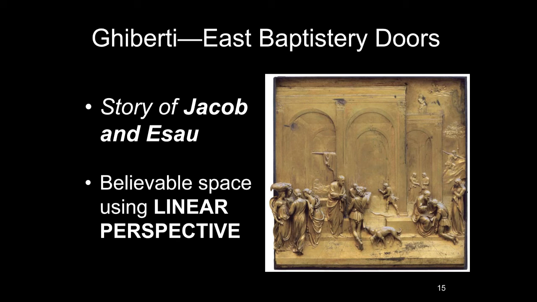Now, by the birthright, we mean his inheritance. Because Esau is the older son under primogeniture, the oldest son inherits everything. Jacob's obviously upset about this, and so he tells Esau that he will give him a plate of soup if Esau gives him his birthright.